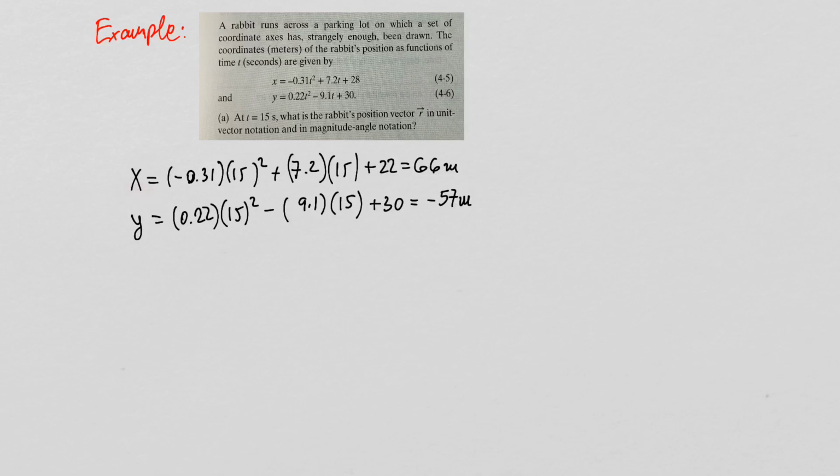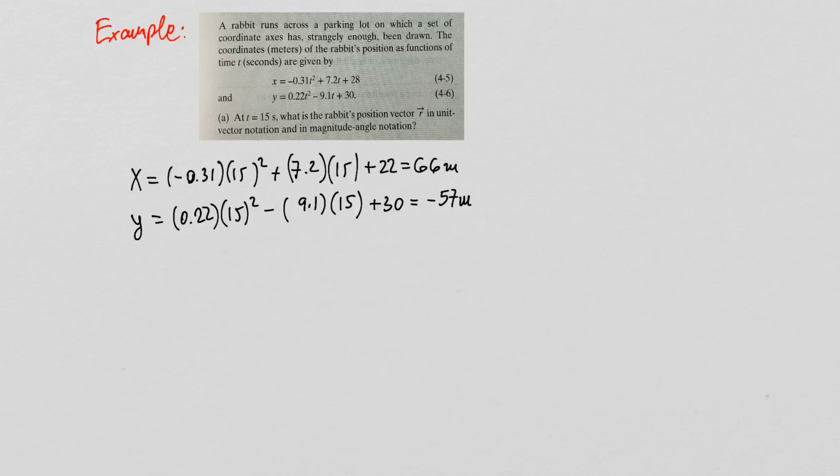So to find the position of the rabbit at that particular moment of time, I simply need to substitute t with 15 seconds in the two functions and find what they are equal to. So the x-coordinate at time t equal 15 seconds is equal to 66 meters, and the y-coordinate at the same moment of time is negative 57 meters.